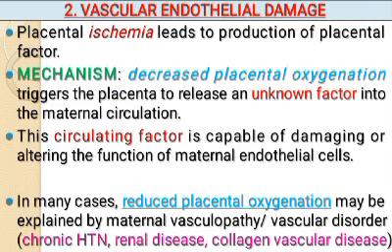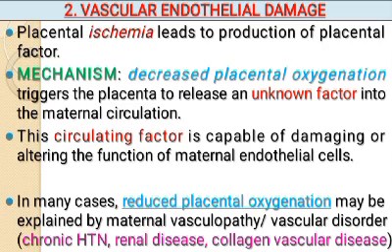Second, vascular endothelial damage. Placental ischemia leads to production of a placental factor. Mechanism: decreased placental oxygenation triggers the placenta to release an unknown factor into the maternal circulation. This circulating factor is capable of damaging or altering the function of maternal endothelial cells.